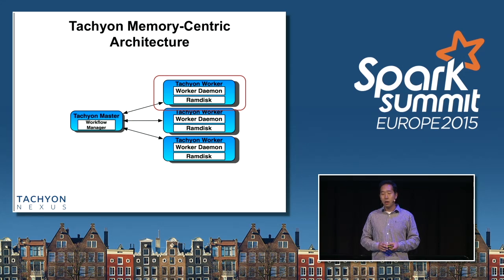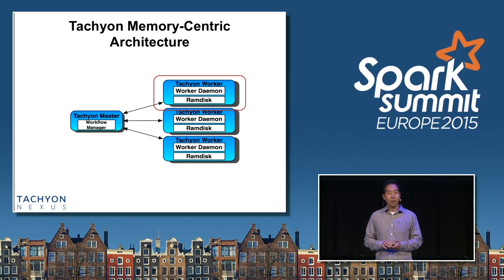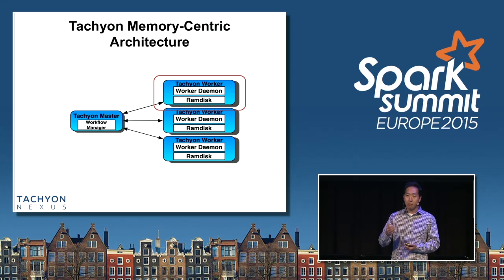Also, there are Tachyon workers in the system. There are a lot of these workers, and they all manage, expose, and store their data in a RAM disk. So whenever a client or application wants to access data in Tachyon, they're going to be accessing their data from the RAM disk of one of these workers. So their data will be in memory and can really speed up access.